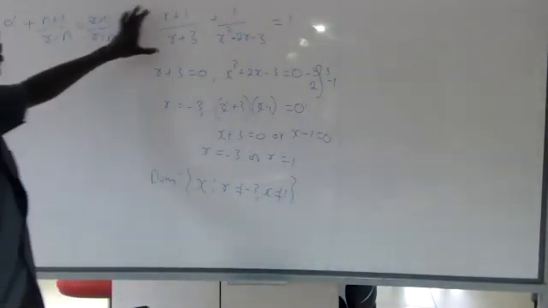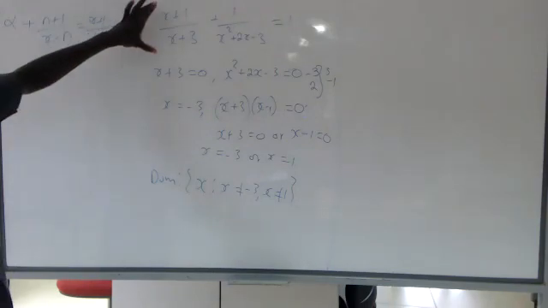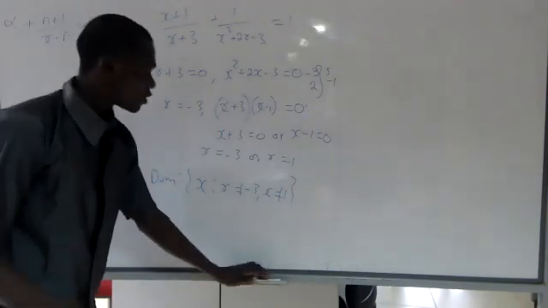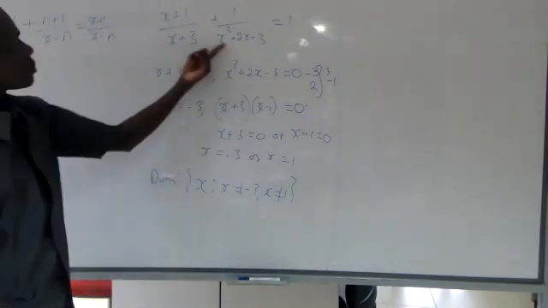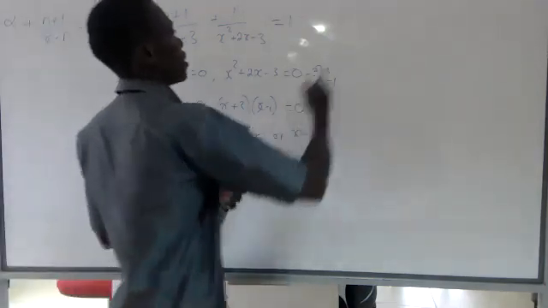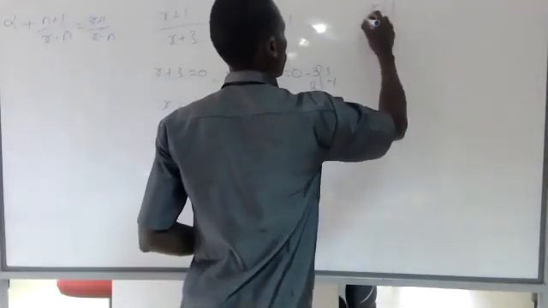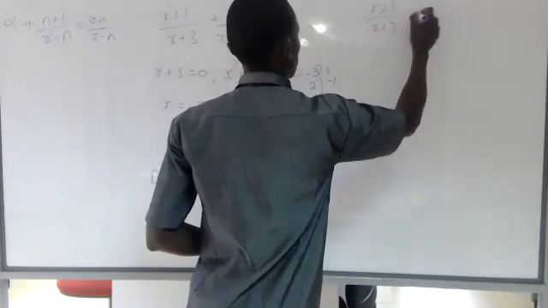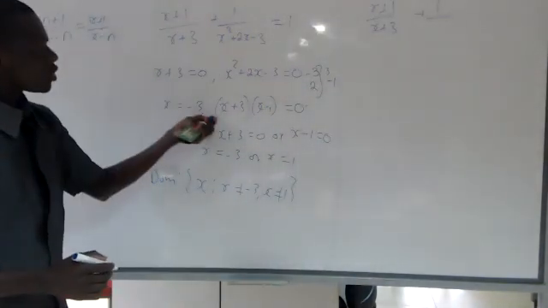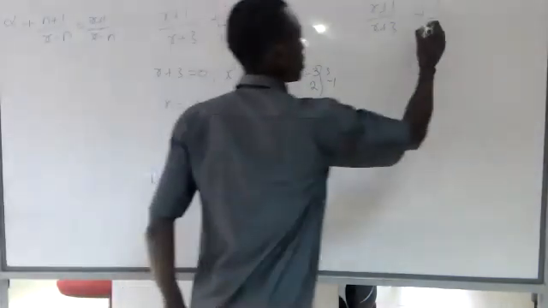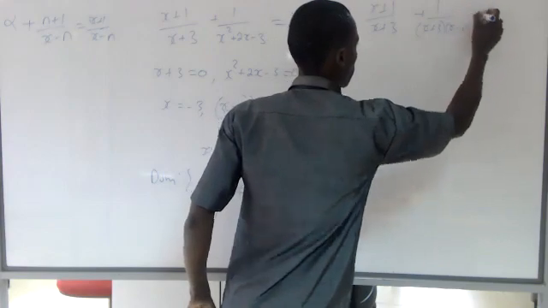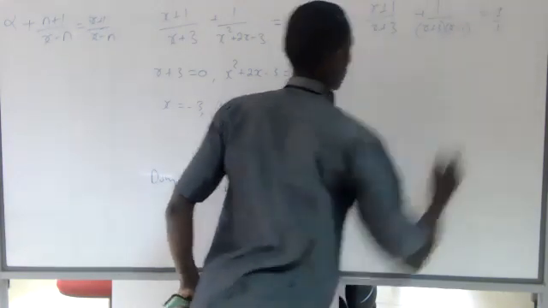And then to solve this kind of expression, we will proceed as we did last time with expressions involving fractions. The first step is, if you're able to factor this, then you can write this expression as (x plus 1) divided by (x plus 3), plus 1 divided by, we want to factorize this, which we already did here, (x plus 3) times (x minus 1), this should be equal to 1.